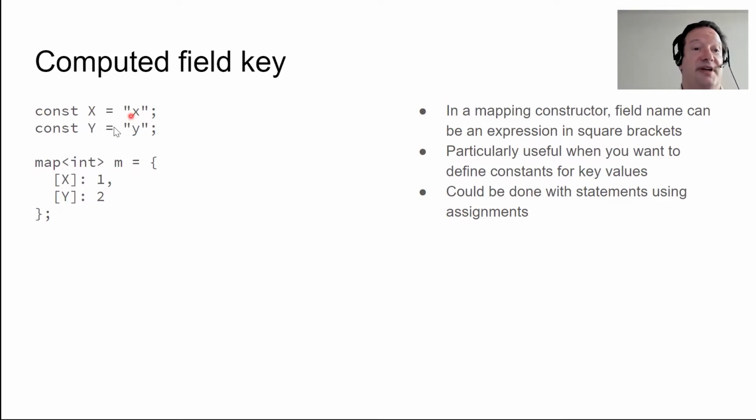And one actually very useful case of this is if you have some complex key name. This is not a very complex key name. Suppose you have a key name that's a URL or something, or some big complex string that doesn't look like an identifier, and you want to put that in a constant somewhere, you can do that and then refer to the constant.